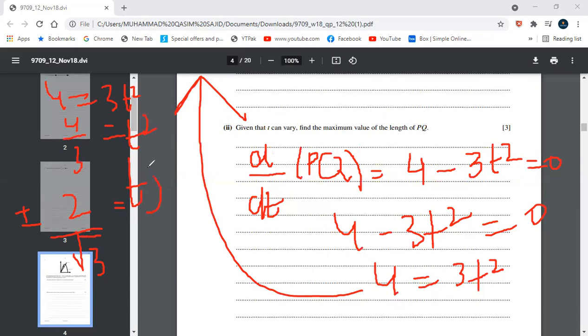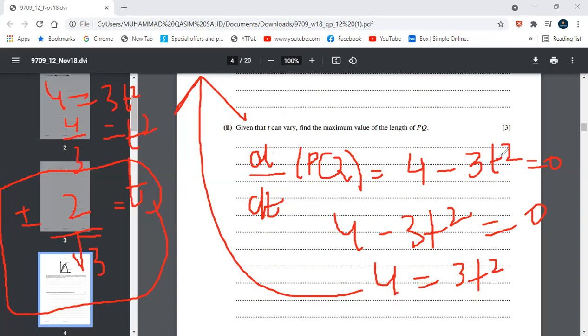So this is basically the value corresponding to t. In which equation do we have to apply it? We simply apply it in our length PQ, as the length PQ equals 4 minus 3t square.